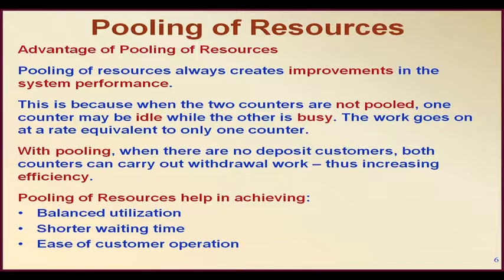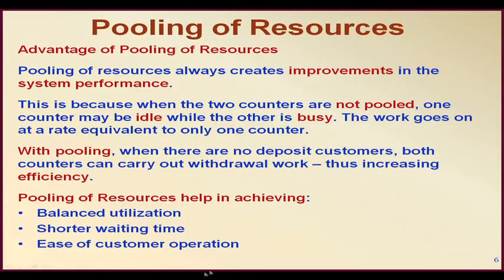The second one is shorter waiting time, and finally, the ease of customer operation. You remember in the earlier days when we used to buy railway tickets, there were counters which gave only daily tickets, and other counters gave something like Madras or Chennai tickets. You had to wait in a particular counter for a long time, and you had to know which specific counter to go to.